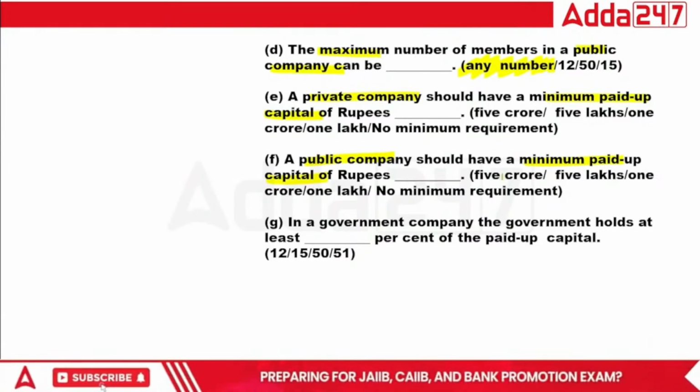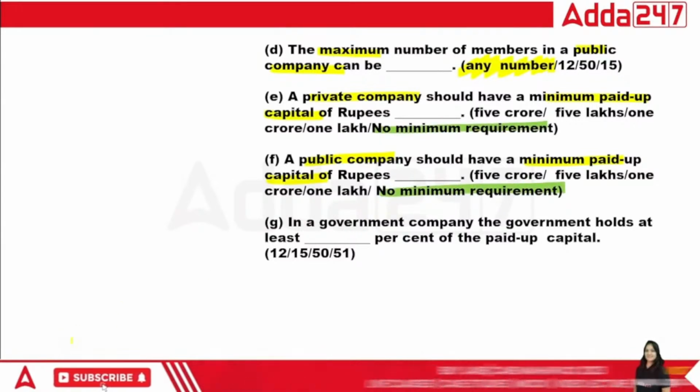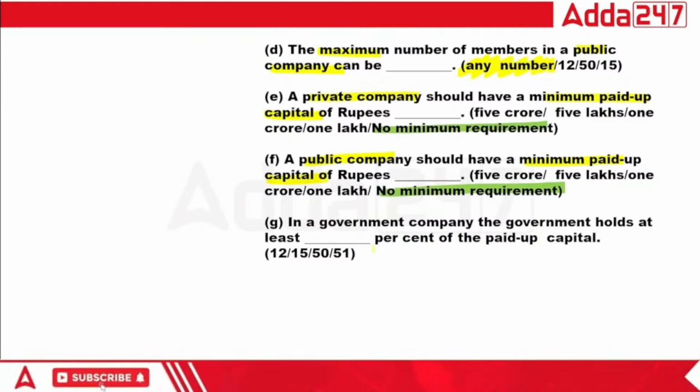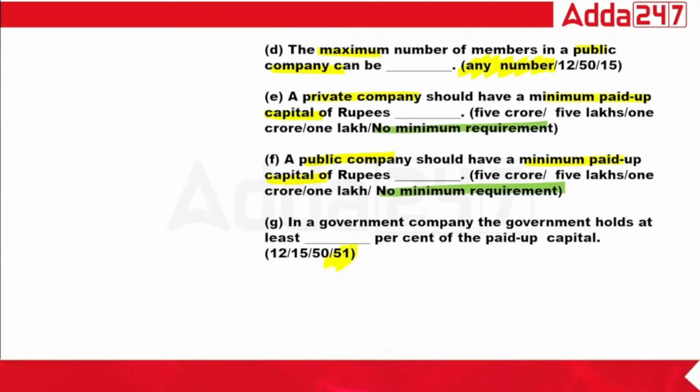The answer will be no minimum requirement. In a government company, the government holds at least dash percent of paid up capital. That is 51%.